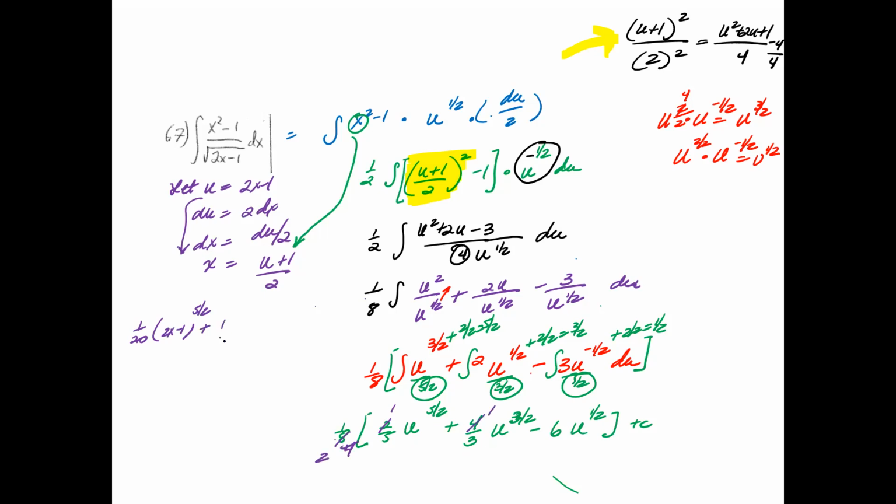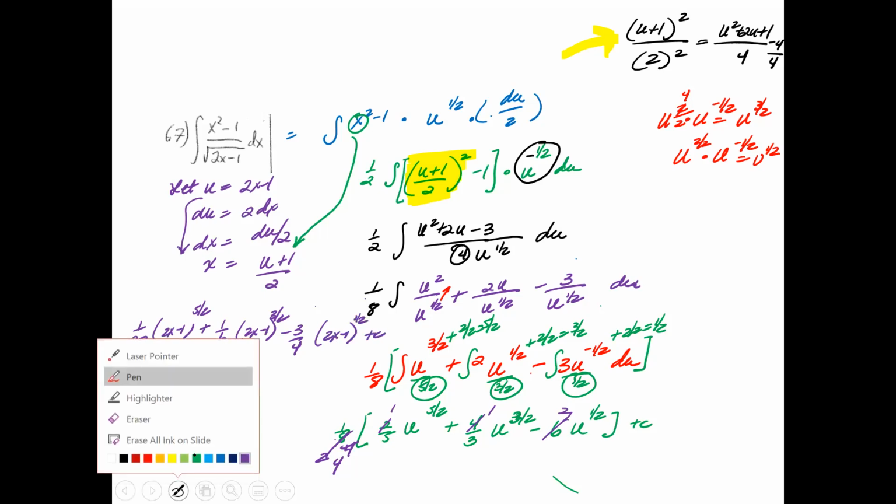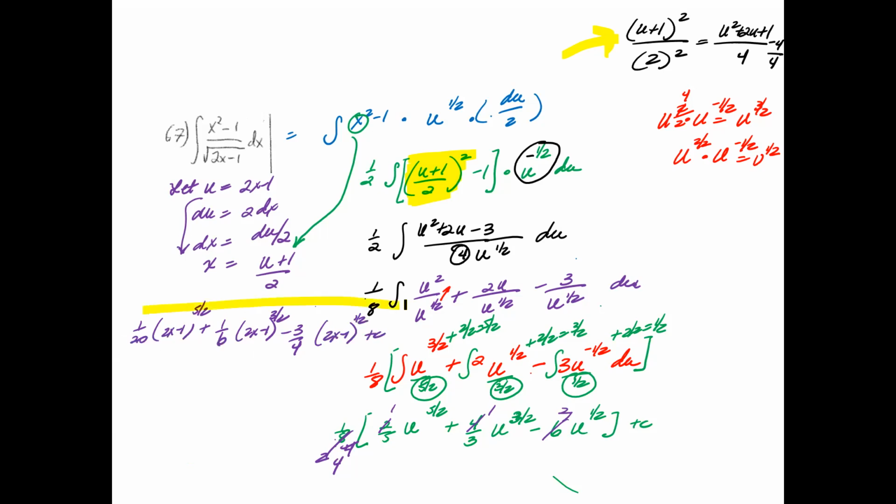So that's a 1/6, 2x minus 1 to the 3/2. Then the 6/8 is going to give me a 3/4. So minus 3/4, 2x minus 1 to the 1/2 plus C. And this is my answer right here.